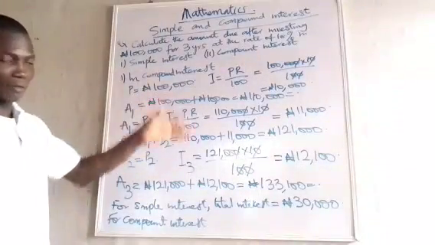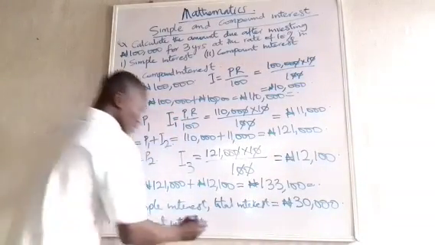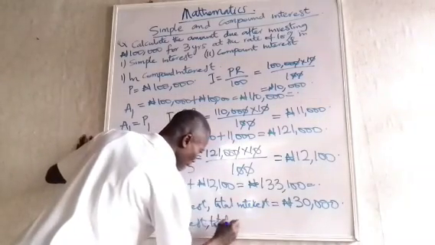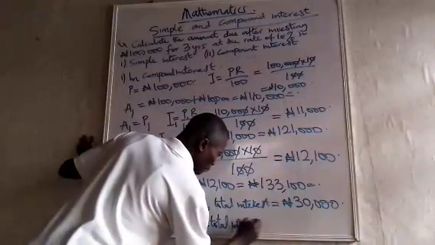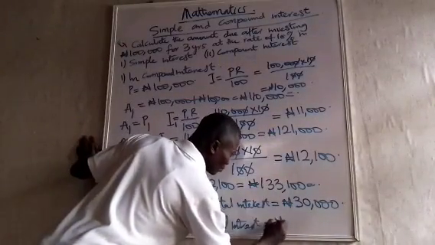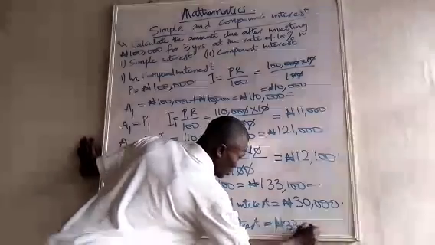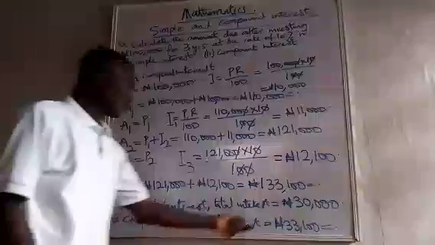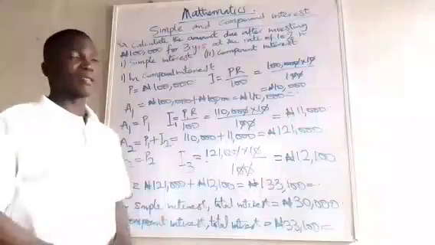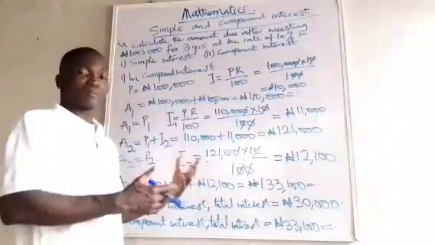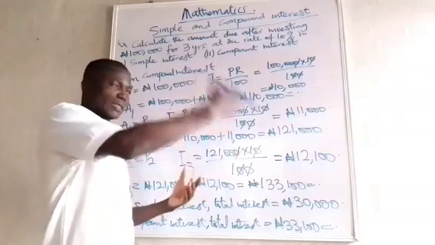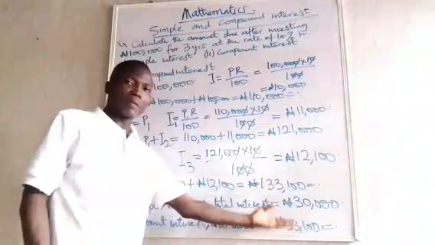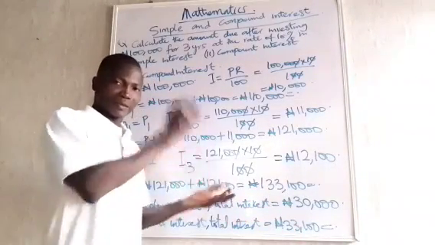We are calculating it at every end of the tenure. So you can see the difference now. For simple interest, after the first year, the interest will be the same. But after the second year, third year, the interest will differ because the principal is changing.